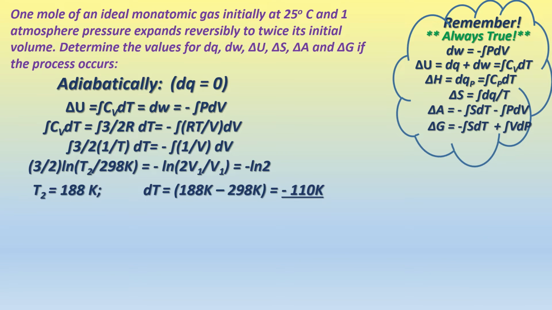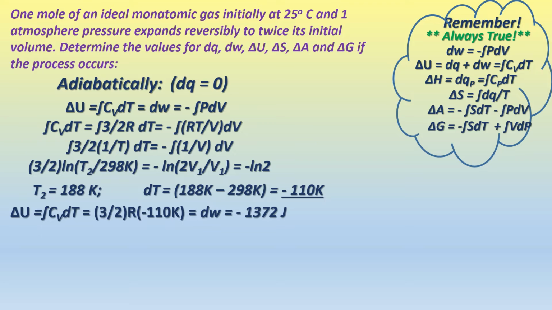I go back to my universal laws, again look for the laws that depend on temperature. Delta U is the integral of CV dT. Now that I have dT, I find out that delta U is minus 1,372 joules.